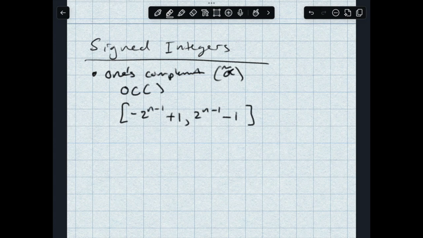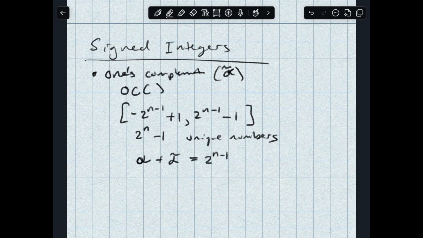So in this system, there are 2^n - 1 unique numbers. In other words, if I had n equal to 2, I would have 3 unique numbers. Okay, and if I take the original value, I'll call it alpha, and I add it to alpha tilde, it's equal to 2^n - 1. We'll check that here in a moment.